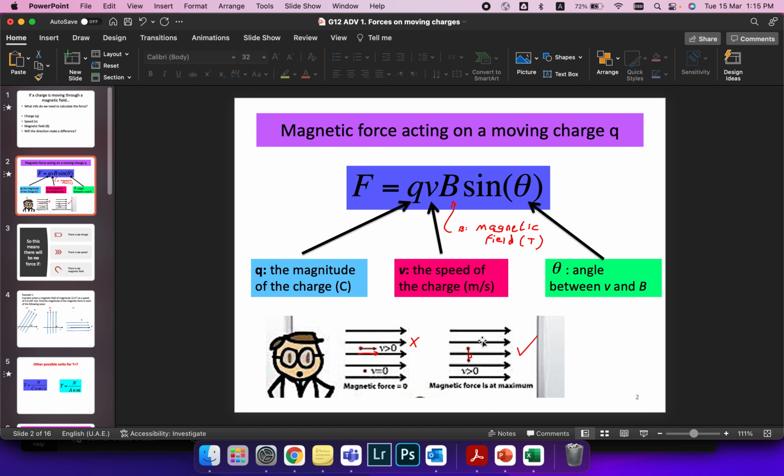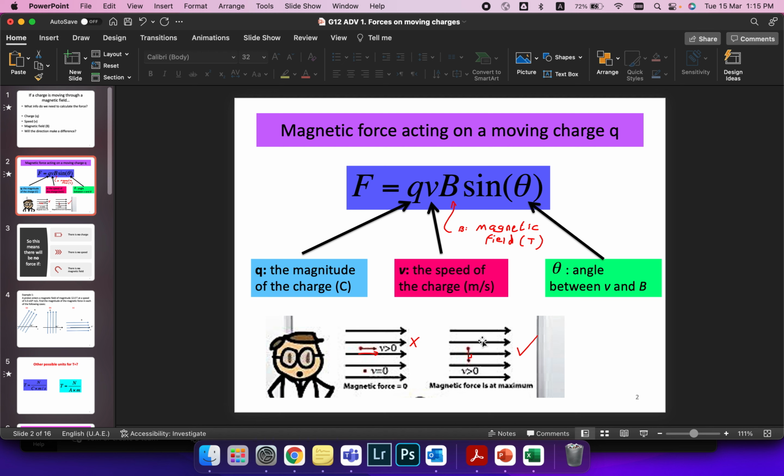So there are other possible units for T. If you rearrange that formula that we have over here, F equals QVB, change it to get B, you can have these formulas here. This one we'll deal with later on, when we're using a different formula, but this one is the one that we will deal with right now. You have your F equals QVB.